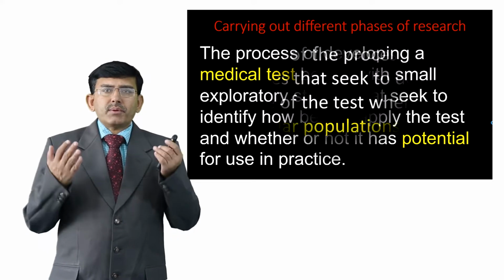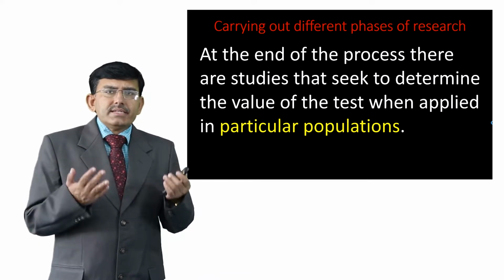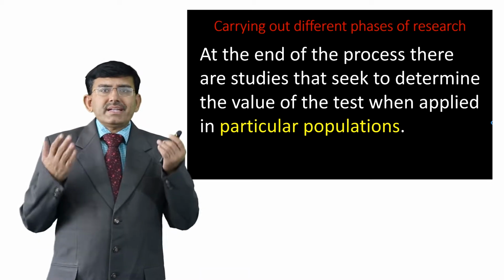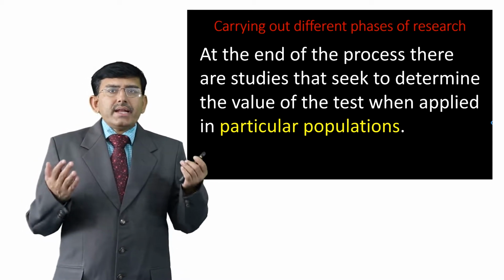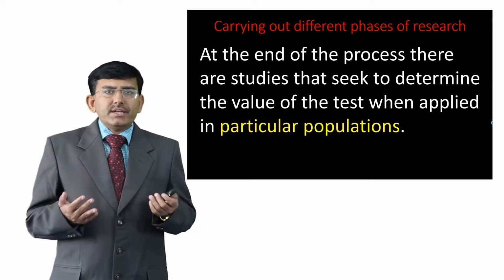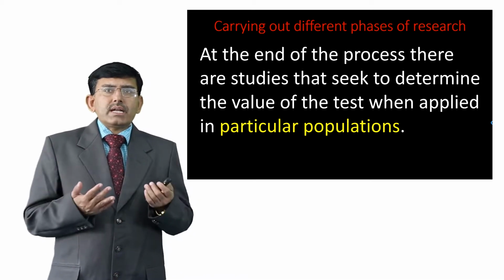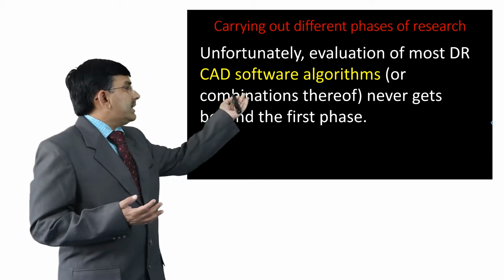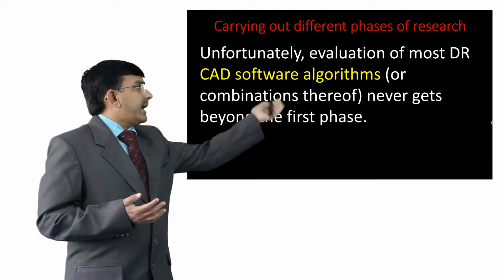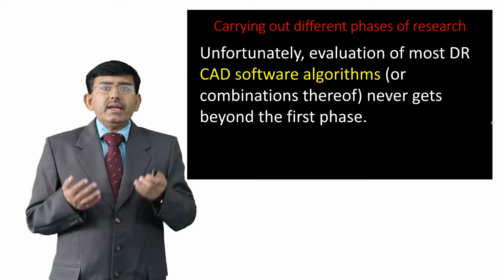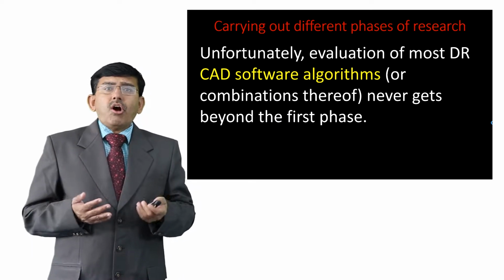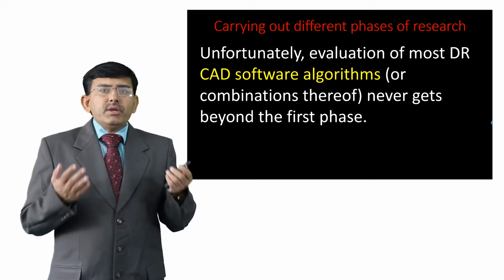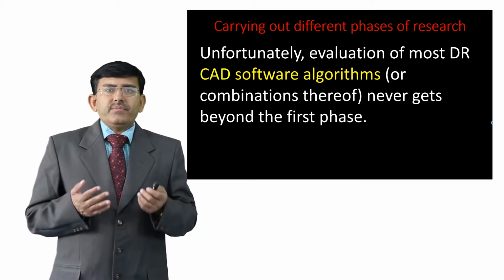At the end of the process, there are studies that seek to determine the value of the test when applied in a particular population. Unfortunately, evaluation of most diabetic retinopathy computer-aided diagnostic software and algorithms, or combinations thereof, never gets beyond the first phase.